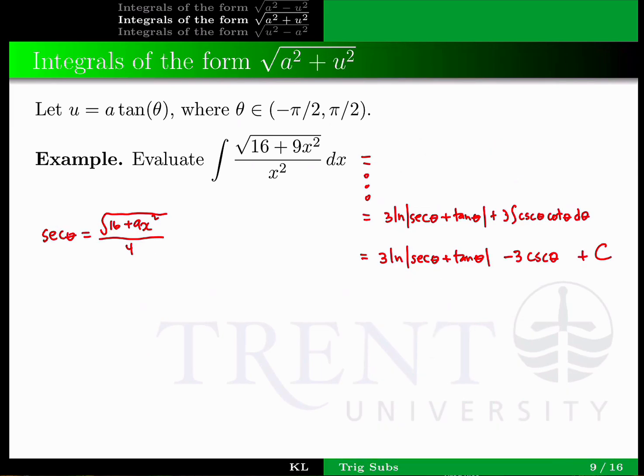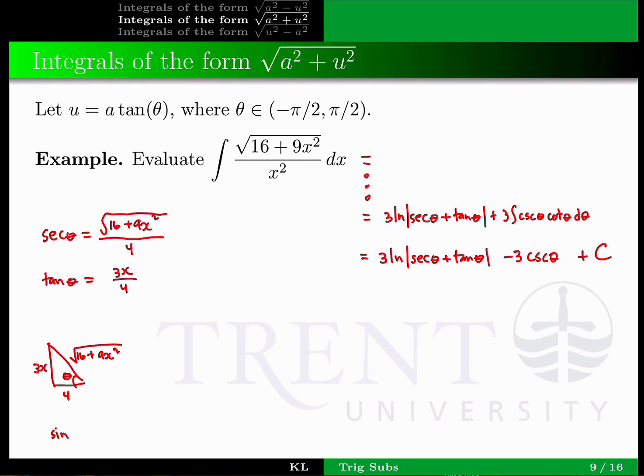And then for the tangent theta, we have 3x divided by 4. So if we look at this, we got the triangle. SOH CAH TOA. This is your 3x, this is 4, and this will be the square root of 16 plus 9x squared.